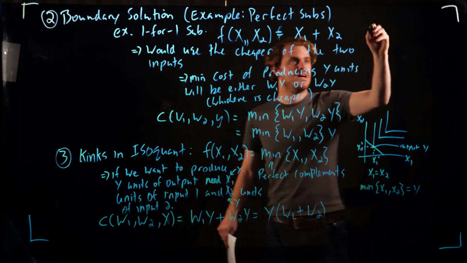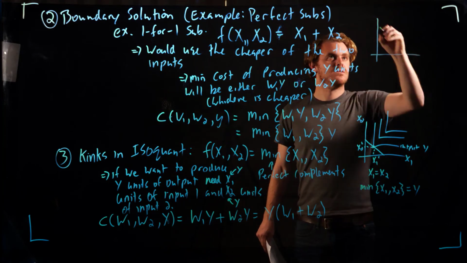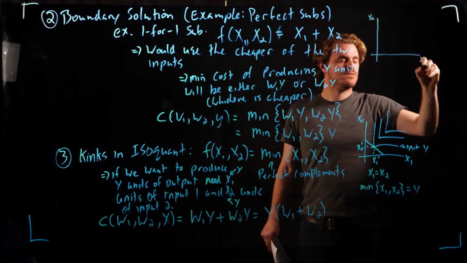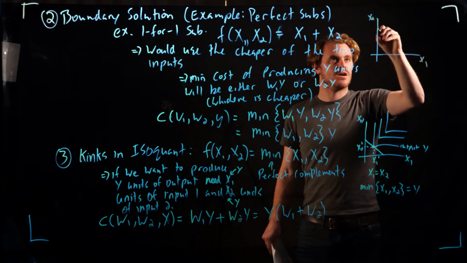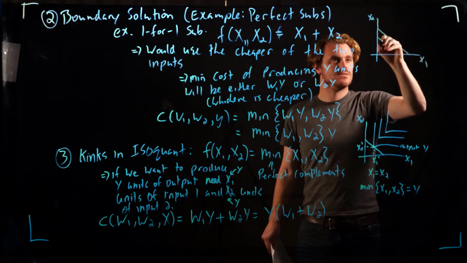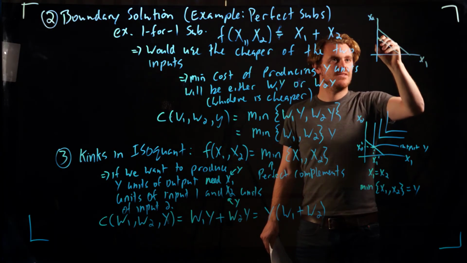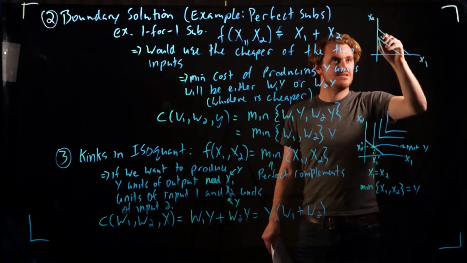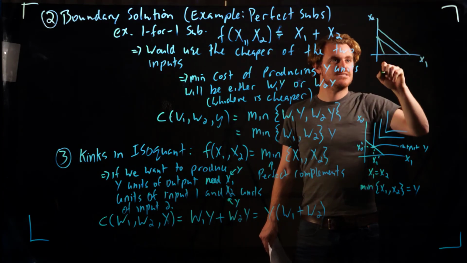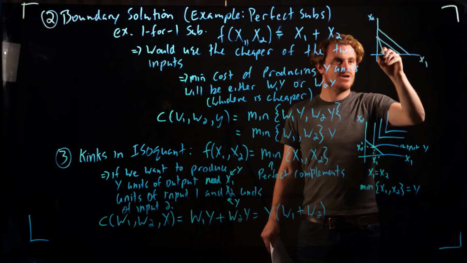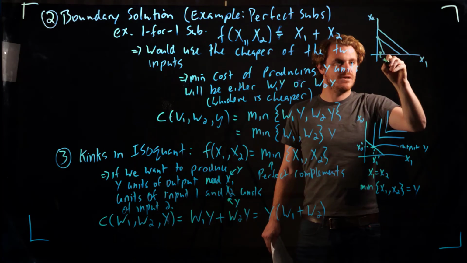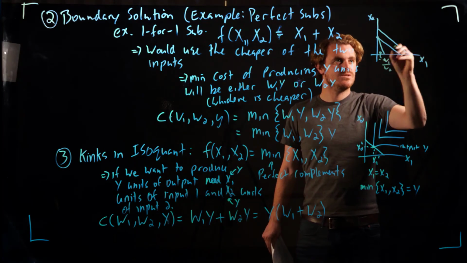Up here, we just have a straight line. Let's say these are our isoquants. And let's say these are isocost lines. And so here, this is the lowest isocost, so this has a slope of W1 over W2.